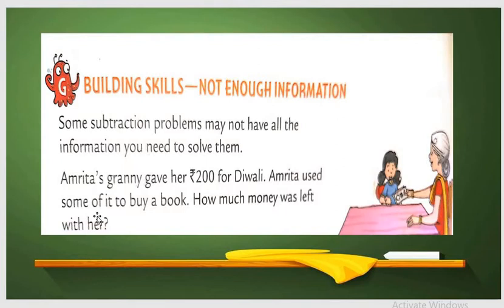They don't clarify to us how much money was left, and they directly ask the question, but they do not give full information: the cost or price of the book. So we cannot easily solve this problem because there is not enough information about how and where Amrita spent the rupees.